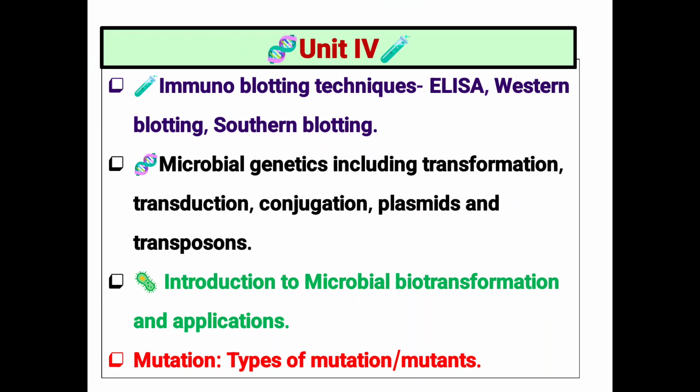Next, unit 4 syllabus: immunoblotting techniques, ELISA (enzyme linked immunosorbent assay), Western blotting, Southern blotting. Microbial genetics including transformation, transduction, conjugation, plasmid, and transposition.